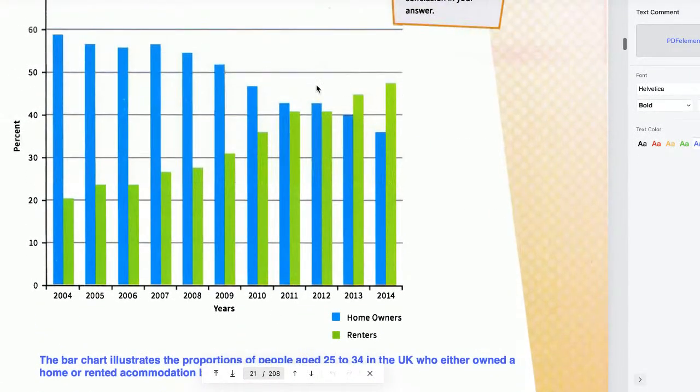Now we need to say something about 2011 and 2012, right? Because they are quite similar there. And also here, if you can do this, then you can get a higher score.